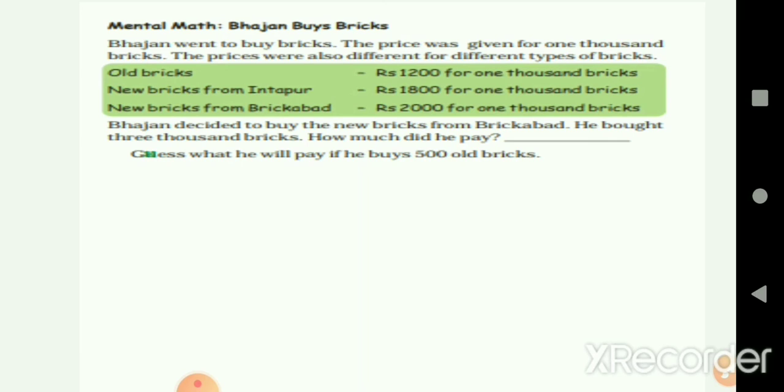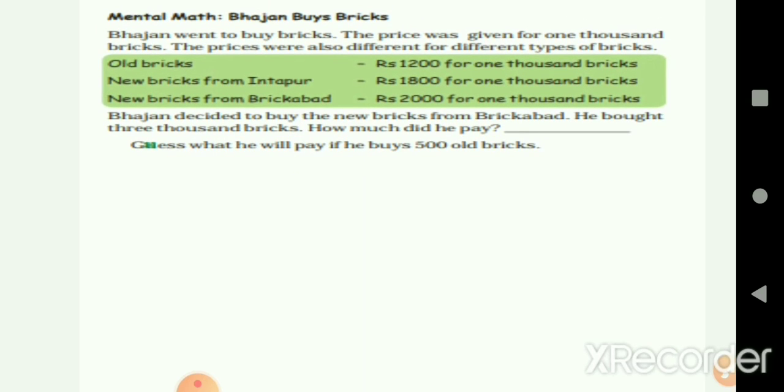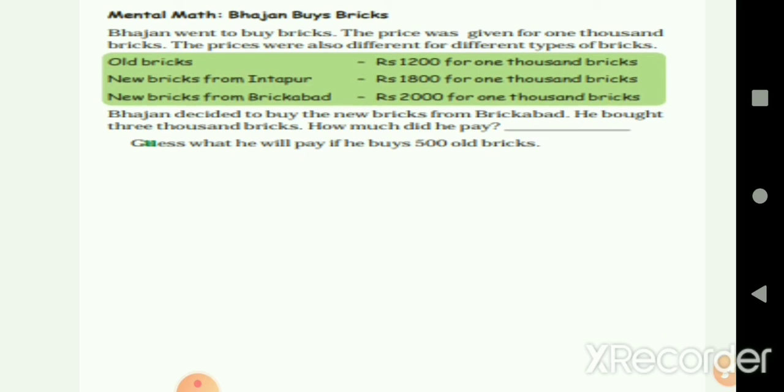Here the list of bricks is given. Old bricks, rupees 1200 for 1000 bricks. New bricks from Intapur, rupees 1800 for 1000 bricks. And new bricks from Brickabad, rupees 2000 for 1000 bricks.